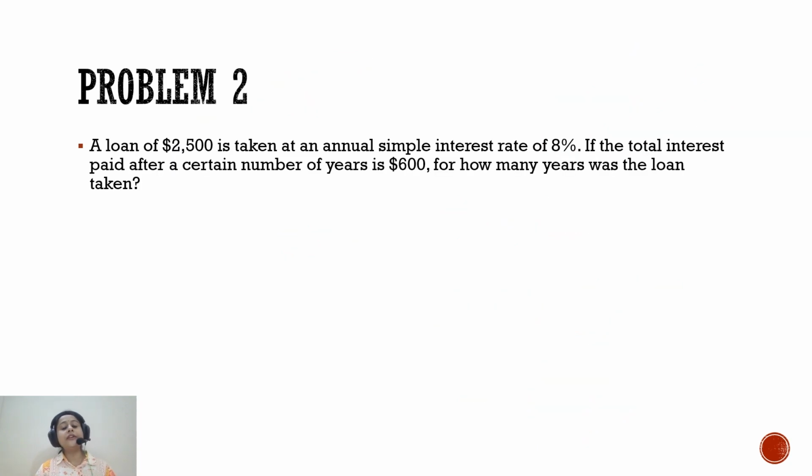Another problem says that a loan of 2,500 is taken at an annual simple interest rate of 8%. If the total interest paid after a certain number of years is 600, so here simple interest is given. You have to find out for how many years the loan was taken.